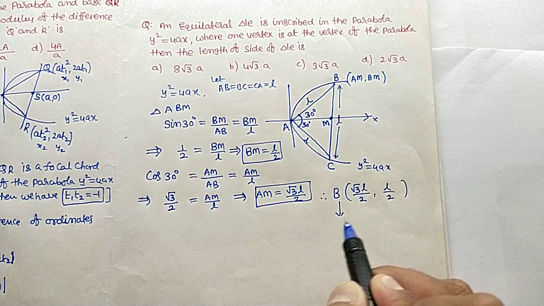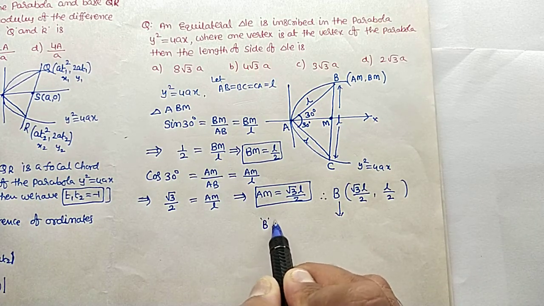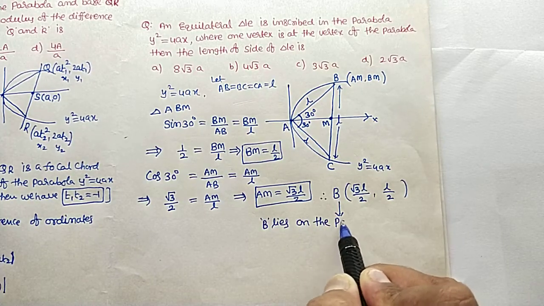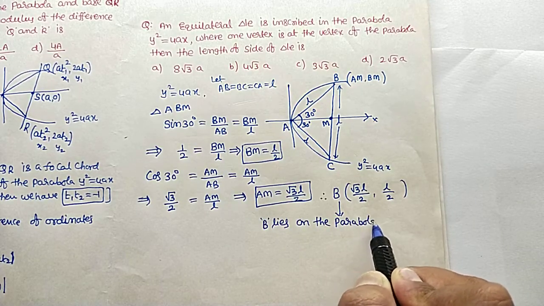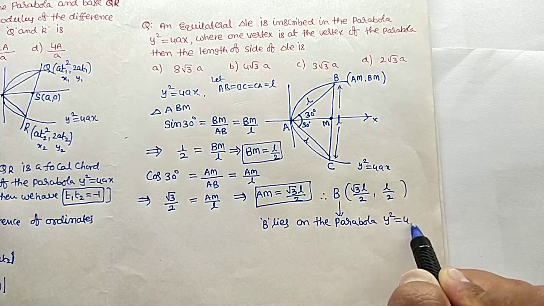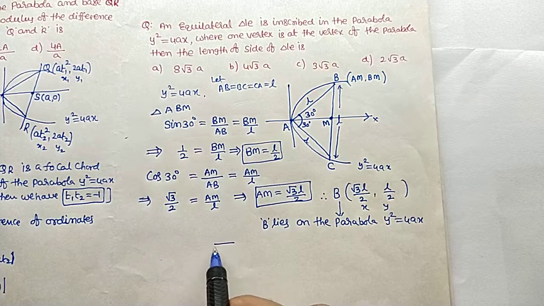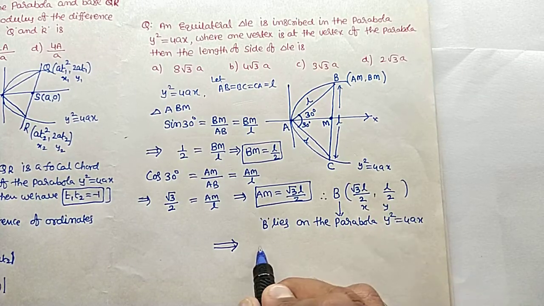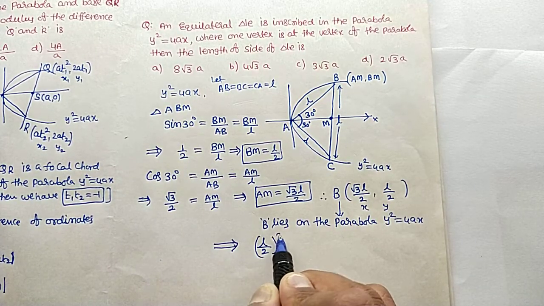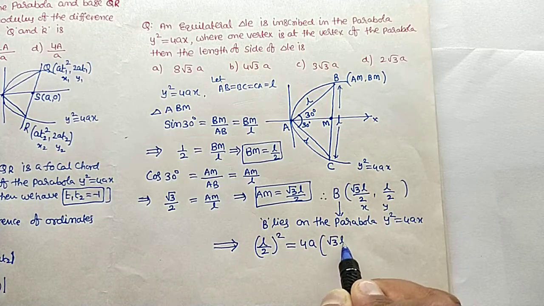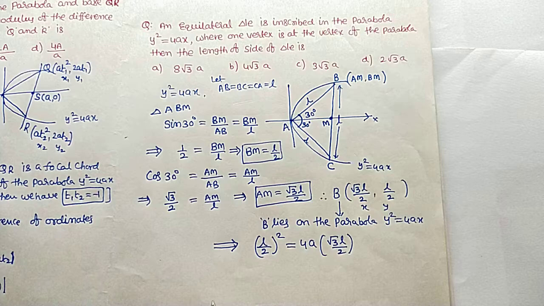Since the point B lies on the parabola y square equal to 4ax, where this is x and this is y, substitute in that. So we get y square, that means L by 2 whole square, which is equal to 4 into a into x, root 3L divided by 2.